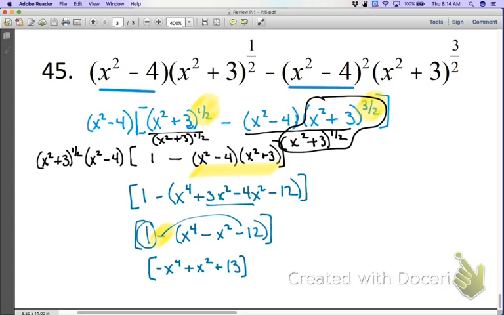Now I'm going to come back to what's on the outside here. I can't do anything with this part here, but what can I do with x squared minus 4? Can I factor that? Yeah? So how does it factor? X plus 2 and x minus 2, right?